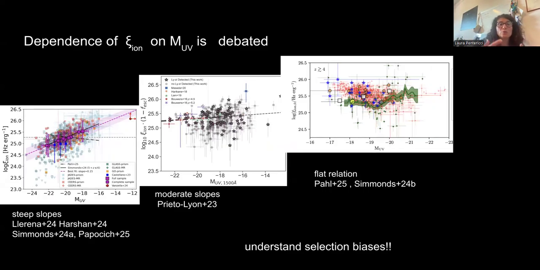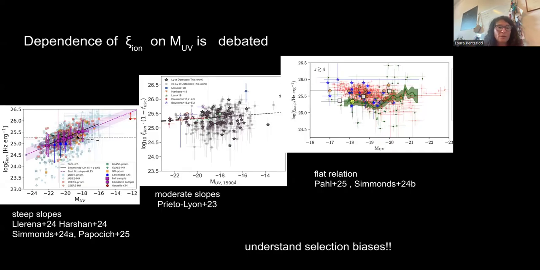So we need to know how Xi-ion depends on the MUV, okay? Are the more efficient producers the faint sources or the bright sources? This is also important to understand which sources actually contribute mostly to reionization, okay?